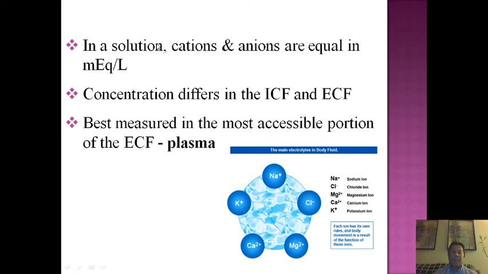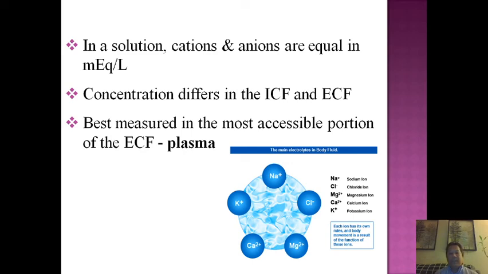In a solution, the cations and anions should be equal in strength in order to maintain a stable solution. So, for a mathematical illustration, if I have 50 cations in a solution, I should have 50 anions in the solution as well.